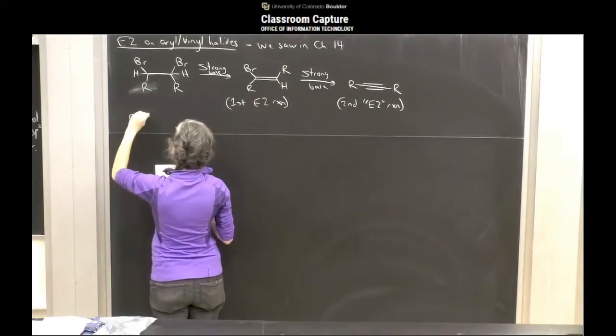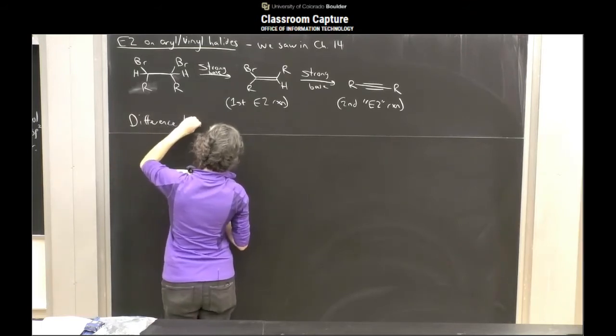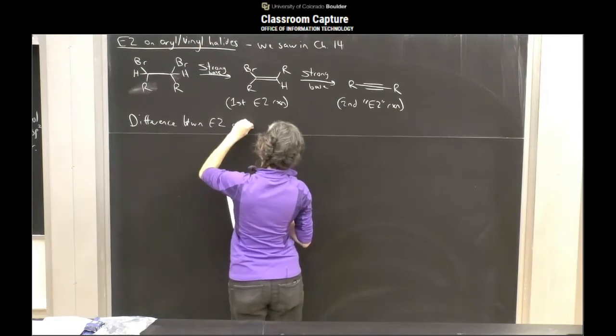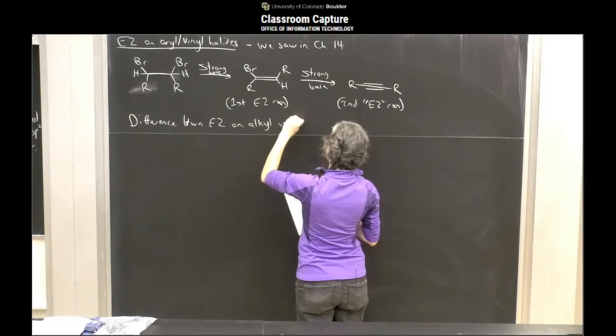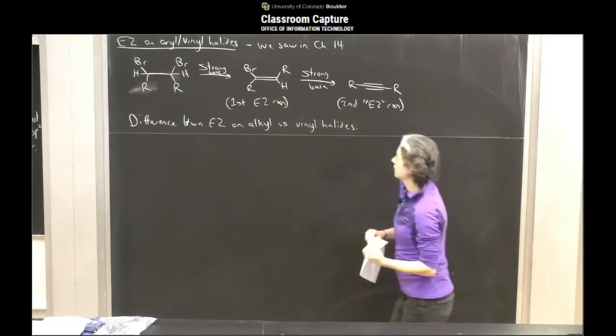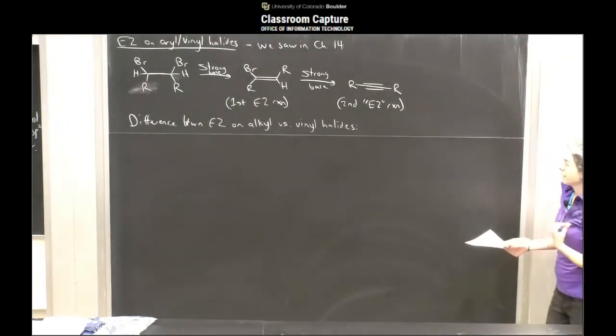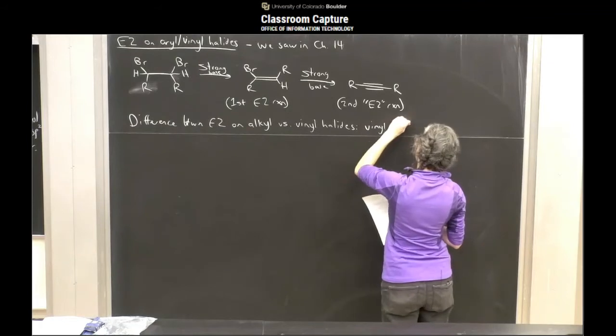So the difference between E2 on regular alkyl versus vinyl halides is that on vinyl, it doesn't have to be antiplanar anymore.